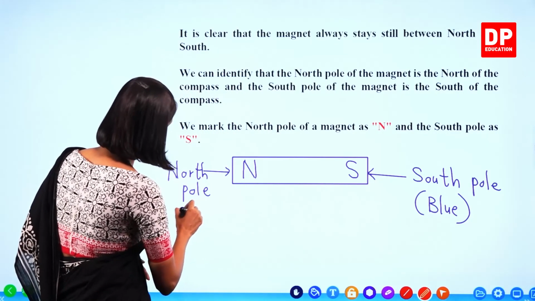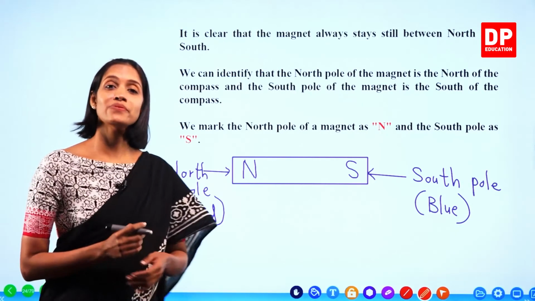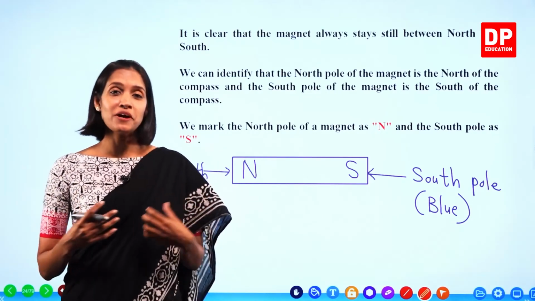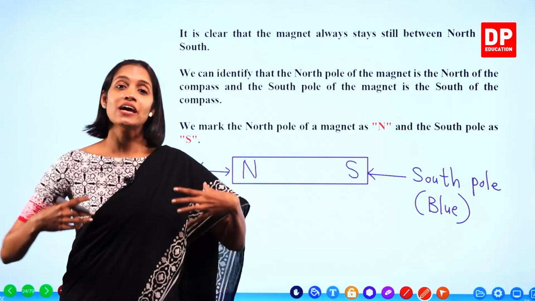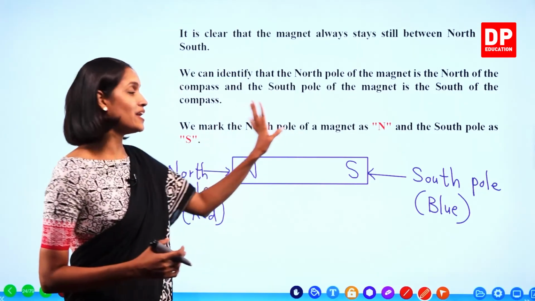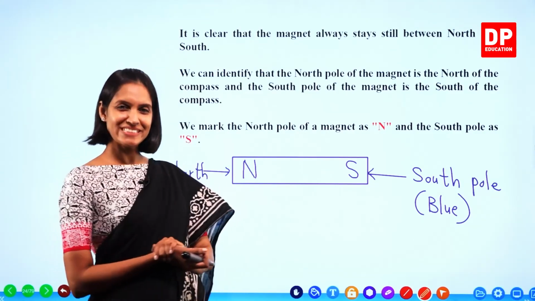Most of the time it is colored in red. So by now we know that a magnet has two ends with more magnetic power, and these two ends are known as the poles of the magnet, north pole and south pole. I hope up to this part is very clear now.